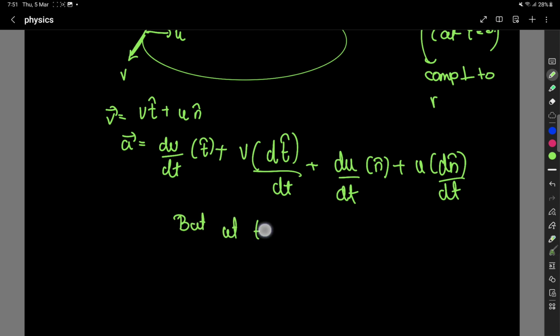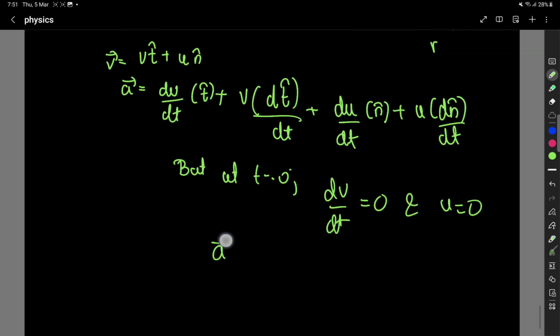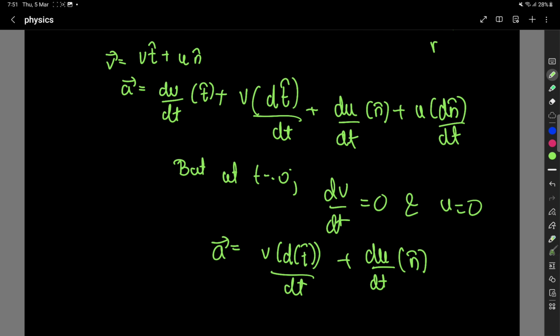But at t equal to 0, dv by dt is 0 and u is also definitely 0. So our acceleration comes out to be v into dt cap by dt plus du by dt along n cap. Now we have to find the du by dt.